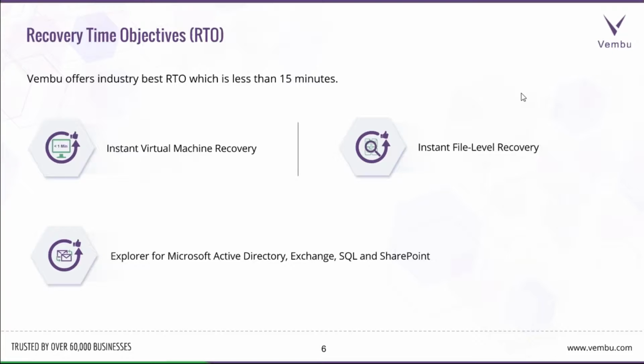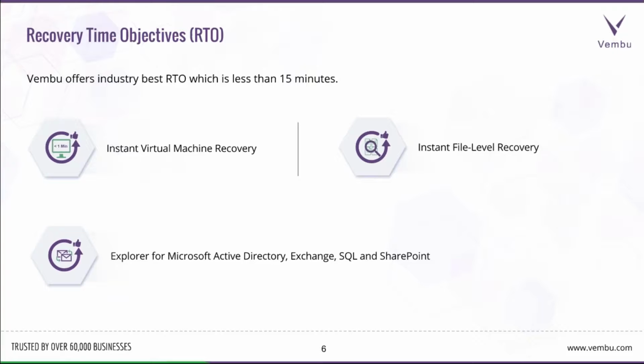To speak more about backup and disaster recovery, we need an understanding of RPO and RTO. Recovery time objective, RTO, is how much time we take to recover a machine after a disaster. So with Vembu BDR, you can achieve an RTO of less than 15 minutes. There are various levels of recovery, and some of the important recovery methods are instant virtual machine recovery, where the backed up virtual machine is booted up instantly on the backup server hypervisor.